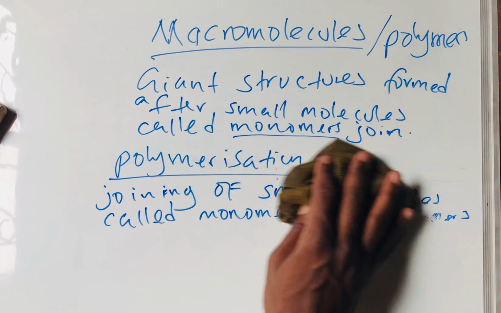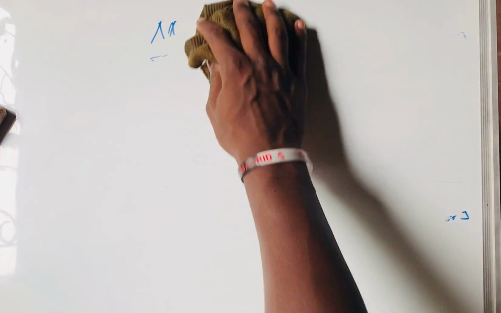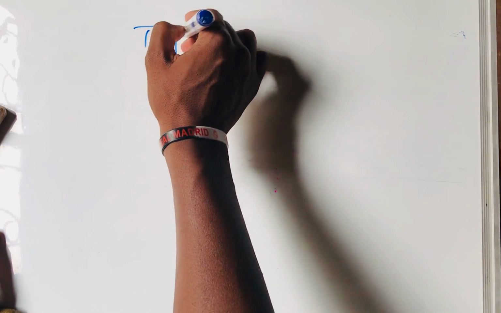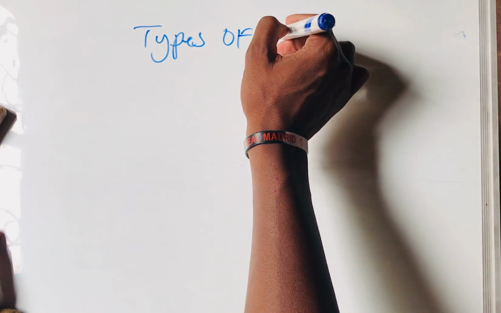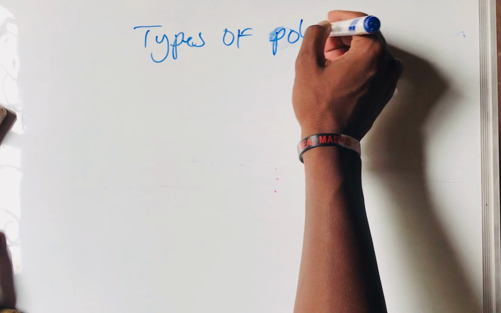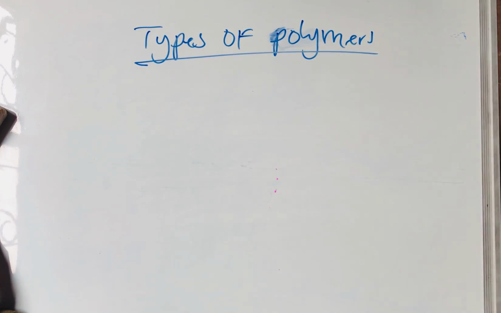Now, what you should know is that we have types of macromolecules. So what are the types of macromolecules, or types of polymers, that we have?